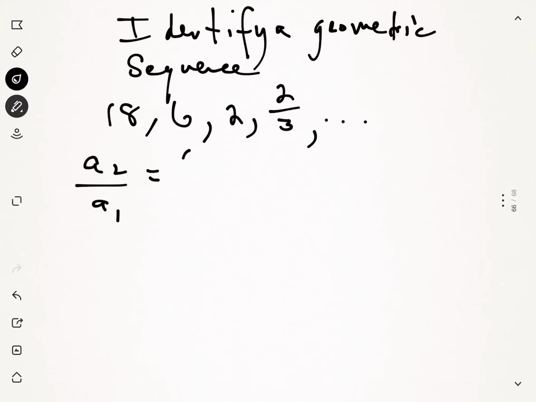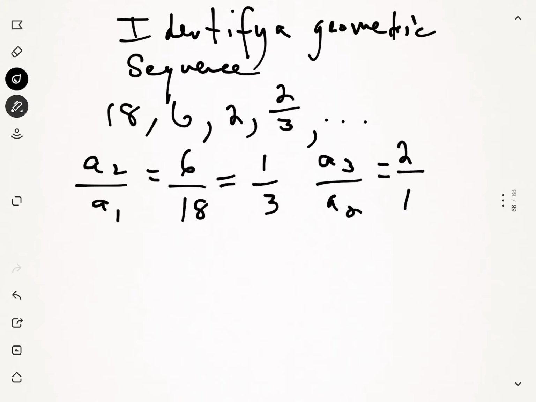So the second term is 6 divided by 18, which is 1/3. You also get 1/3.